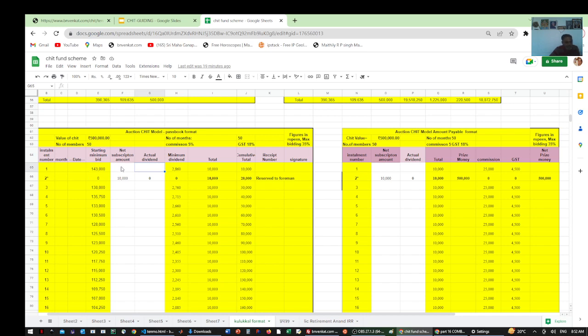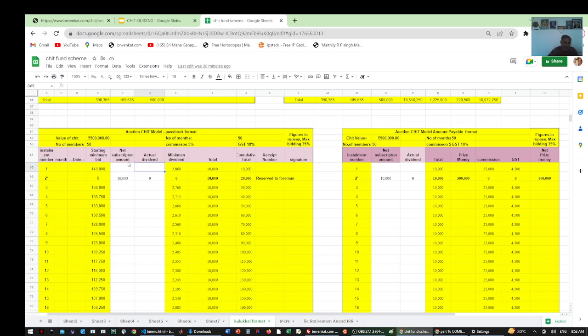Therefore, to cut time, the members can bid and collect the prize money. And let us assume the first month bidding went up to 1,75,000 rupees. I have not put a column here.